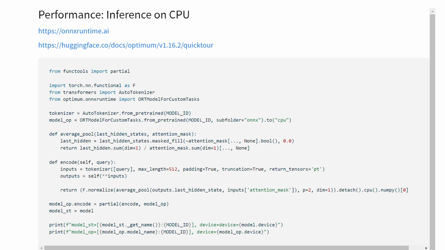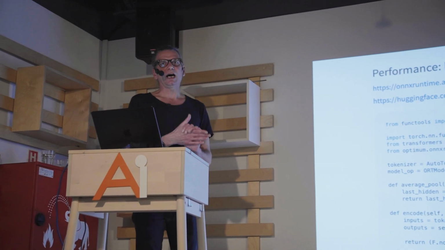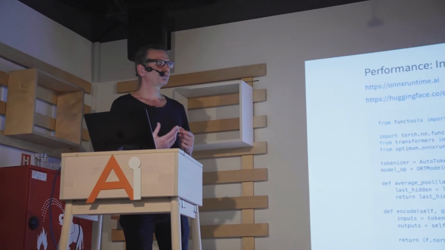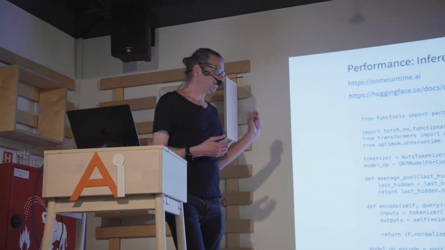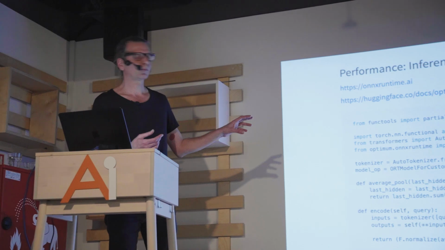Two last things. First, performance when you run the inference. Obviously, when people come to your application, you need to encode the query they passed in. I don't know about you, but I don't want to run GPUs for that. It's really, really expensive. You actually can run these models efficiently on CPU with the ONNX runtime.